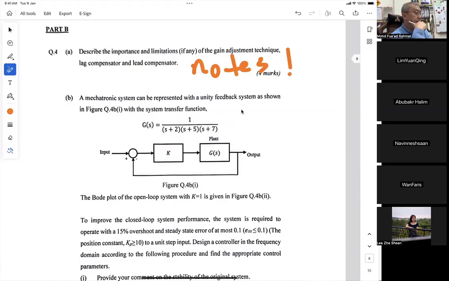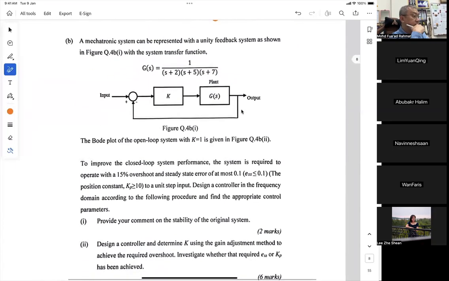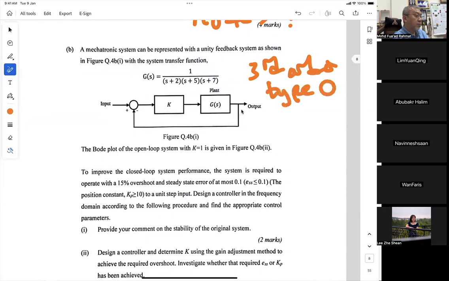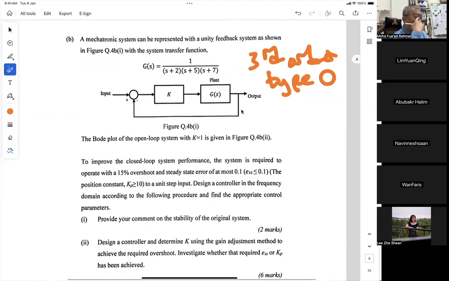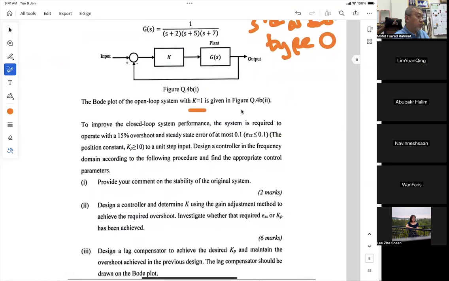Part B, the mechatronic system can be represented by this. Okay, third order, type 0. The Bode plot is given by K equal to 1. To improve the closed loop, the system is required to operate with 15% overshoot and steady state error 0.1.